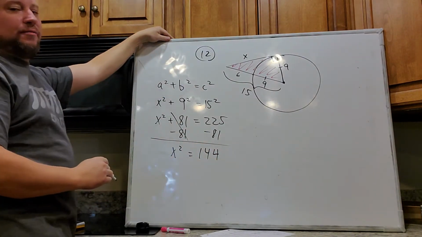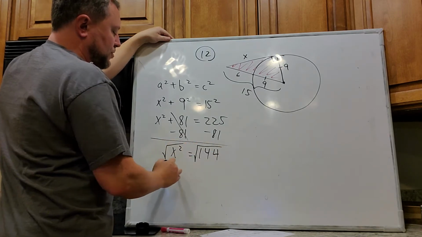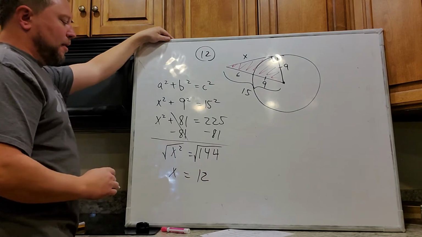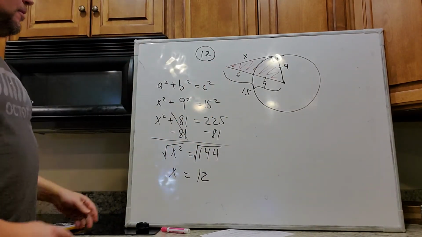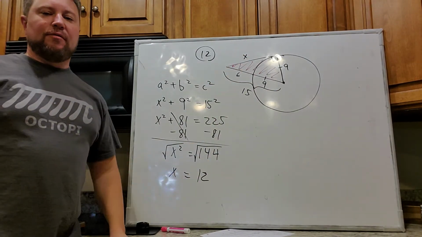Oh, that's convenient again. 144 is a perfect square, so when we take the square root of it, we get 12. So there's our missing length up there of that side of the triangle. That tangent segment to the circle should have a length of 12.